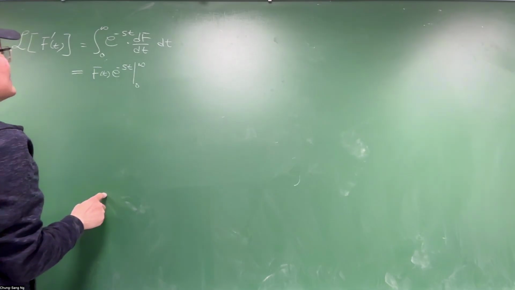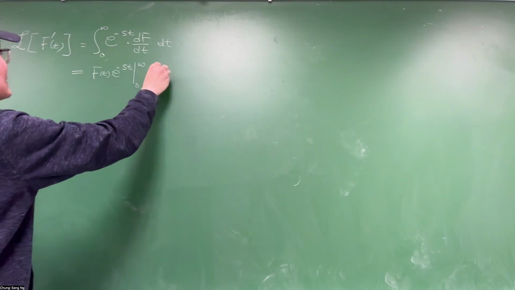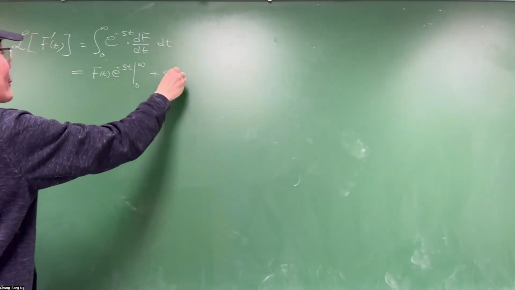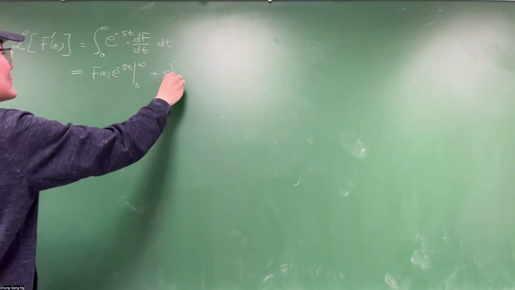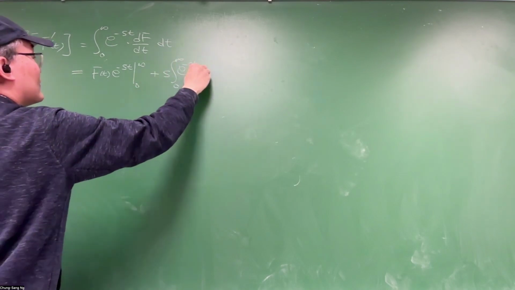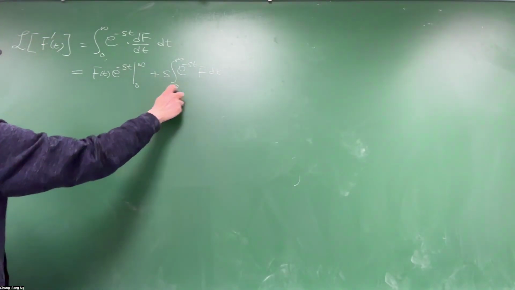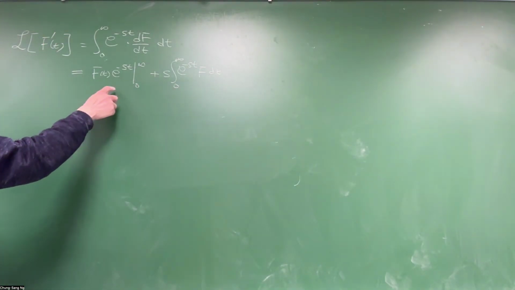So minus minus should give you a plus sign, s, and integrate from 0 to infinity of f e to the minus st. So this one is just a Laplace transform of f.